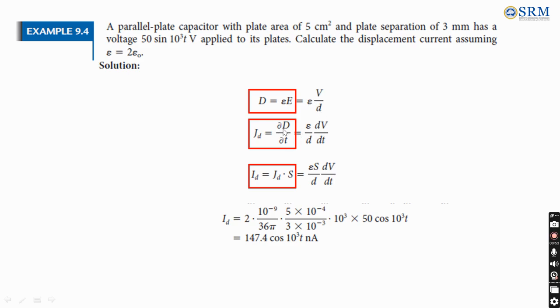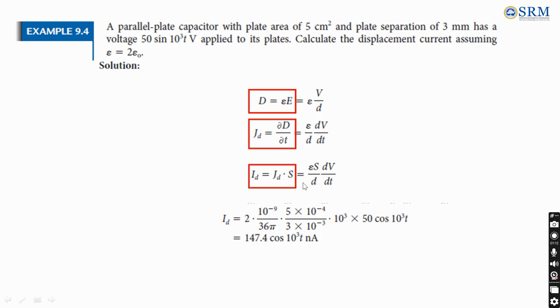I am applying the same in the JD term. Epsilon is constant, d is constant, and only the voltage is a time dependent parameter, so dV by dt. Here I have to multiply by the surface area with this JD term, so I have written an extra S.